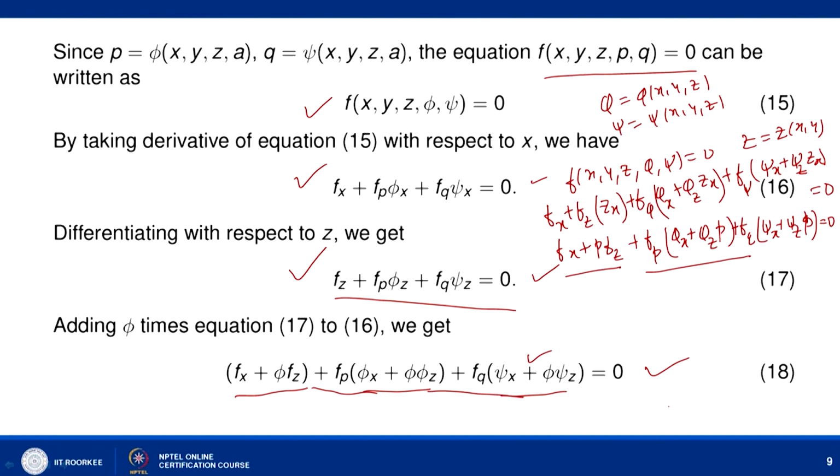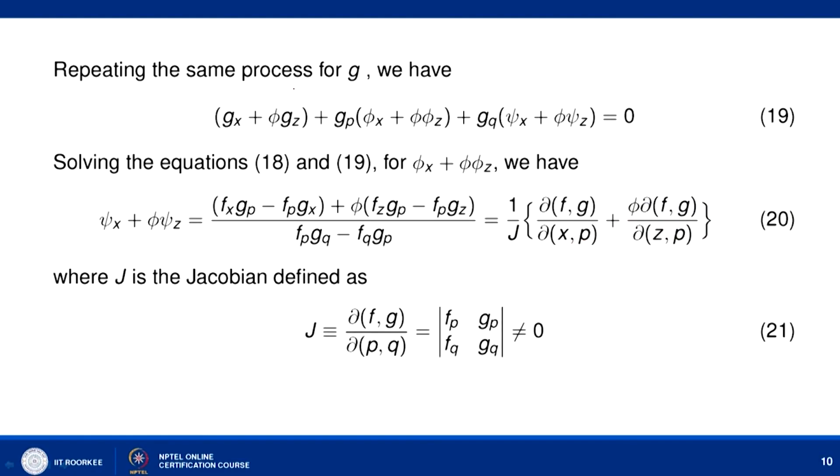And the similar expression is valid for equation g(x, y, z, phi, psi) = 0. So, repeating the same process for g, we have g x plus phi g z plus g p times phi x plus phi phi z plus g q times psi x plus phi psi z equal to 0.